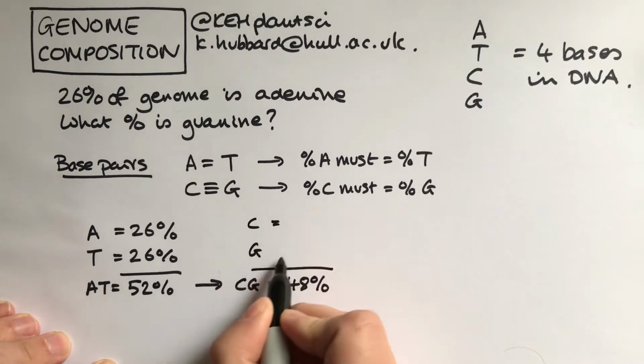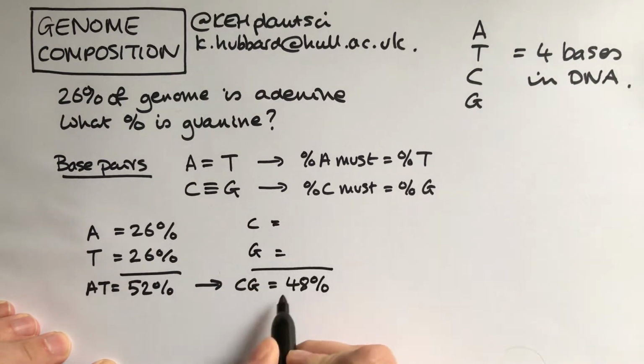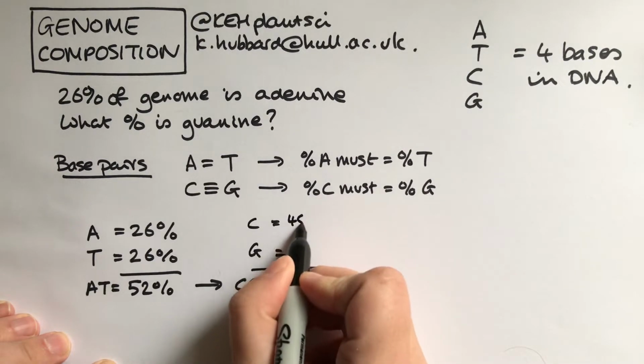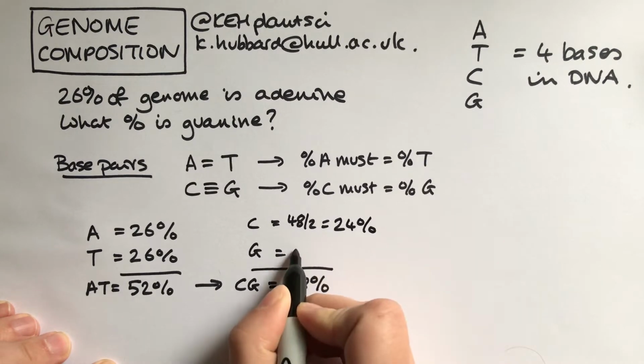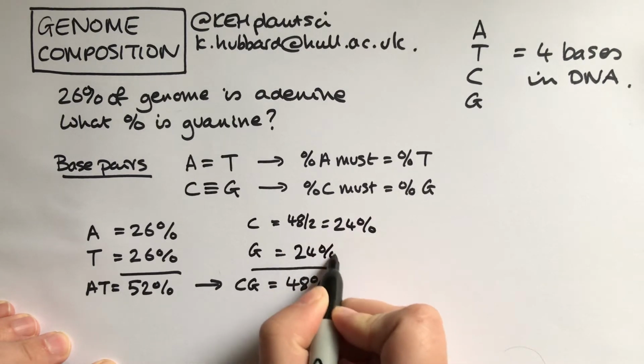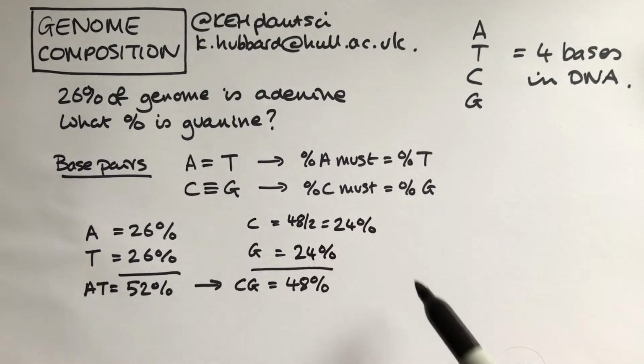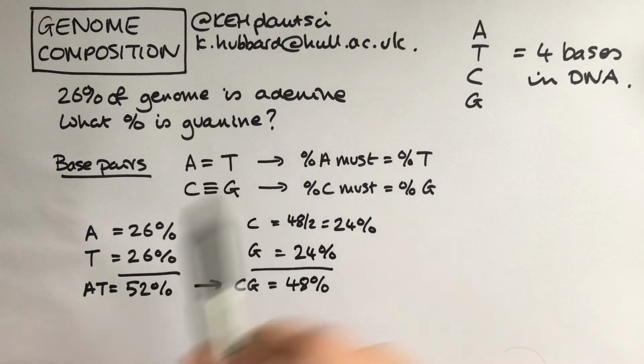C and G must both be 48 divided by 2, which equals 24% of the genome, so G is also 24% of the genome. Those should all add up to 100 because they're the only bases that we've got. Knowing the base pairing rules, it should be quite straightforward to work out the composition of the genome.